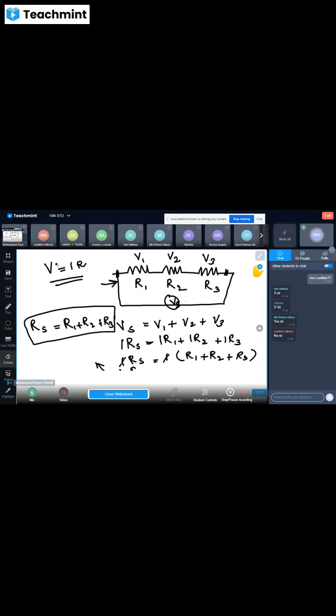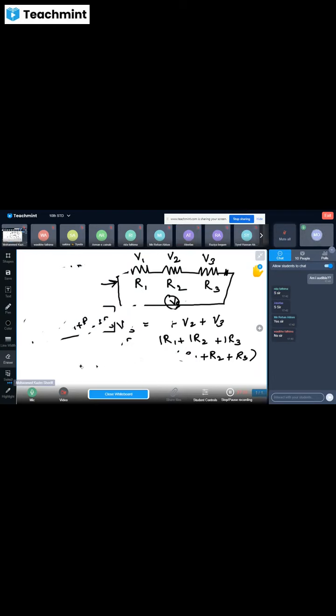Now let's see the next one, that is connecting resistances in parallel.